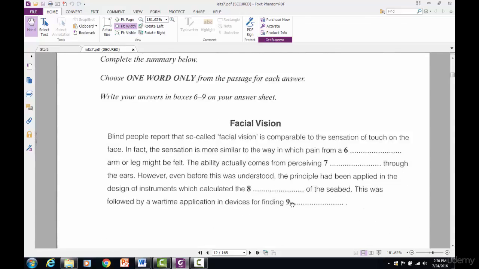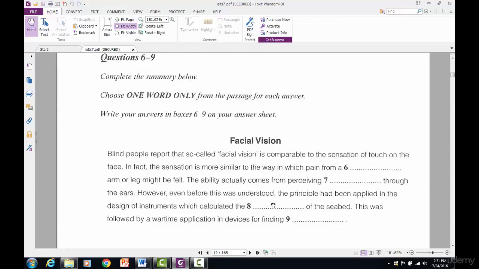All right, let's move on to number 9. "This was followed by a wartime application in devices for finding blank." Wartime application, so we're probably talking about World War II, and the key words for number 9 are devices for finding. Whatever this answer is, it's connected to the word finding, and they're most likely going to use synonyms for it.